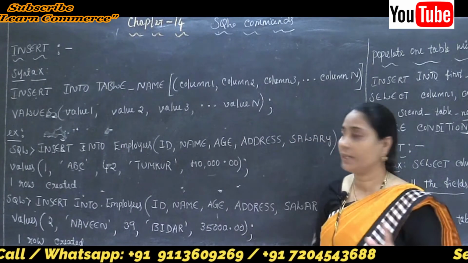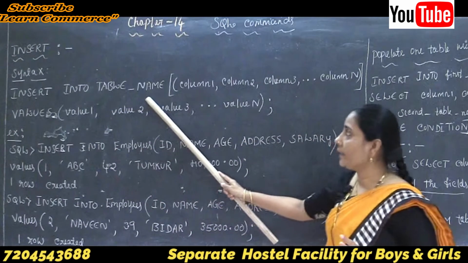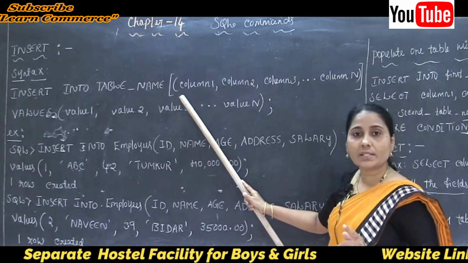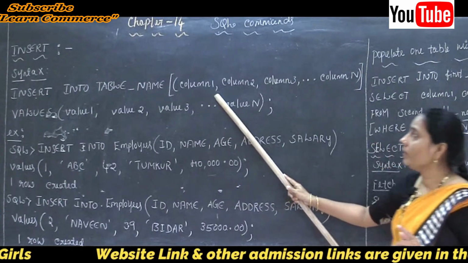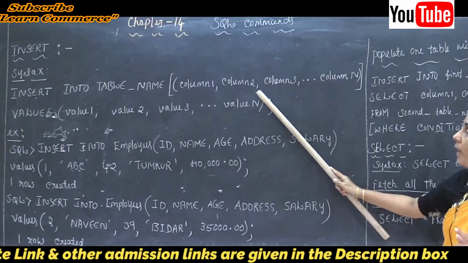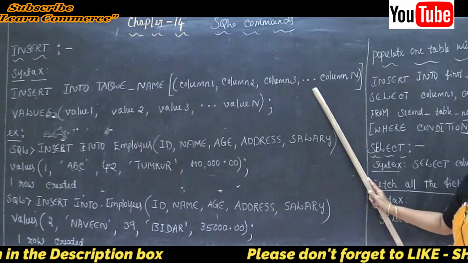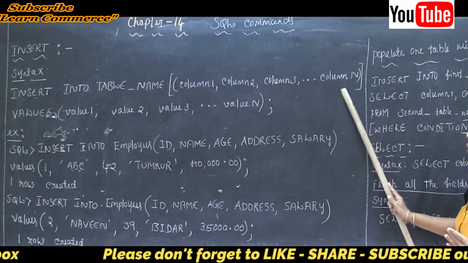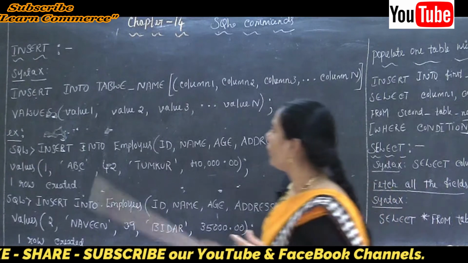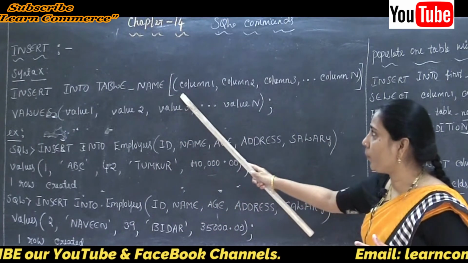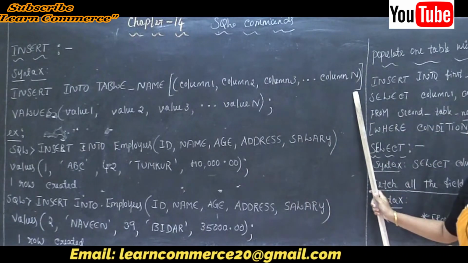The first syntax is: insert into table_name, opening square bracket, then open the parenthesis, column1, column2, column3, and if many columns are there, you can use all those column names, up to the last column, column n. Then the parenthesis we opened is closed, then we close the square bracket.